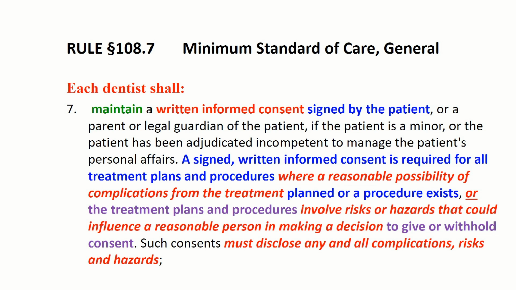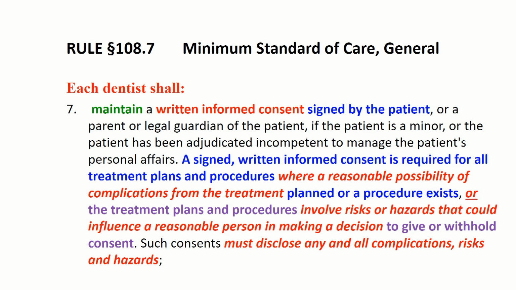You'll also note that there's nothing in this rule that says that you have to have the signature of the treating doctor. Informed consent does not need to be signed or co-signed by the doctor. The only legal requirement is that the informed consent is signed by the patient. You'll also note that the rule does not require the signature of a witness to the signature of the patient.